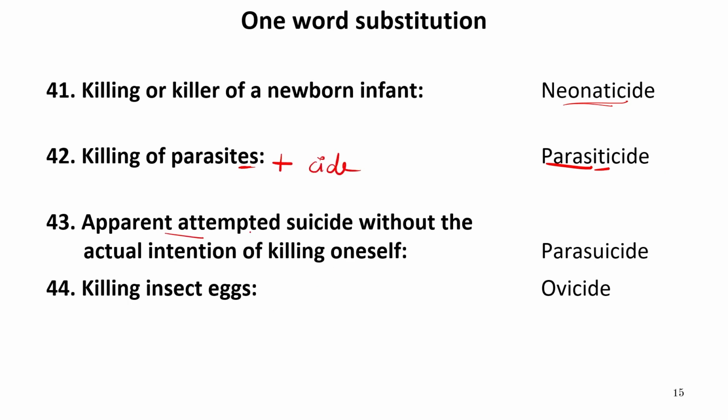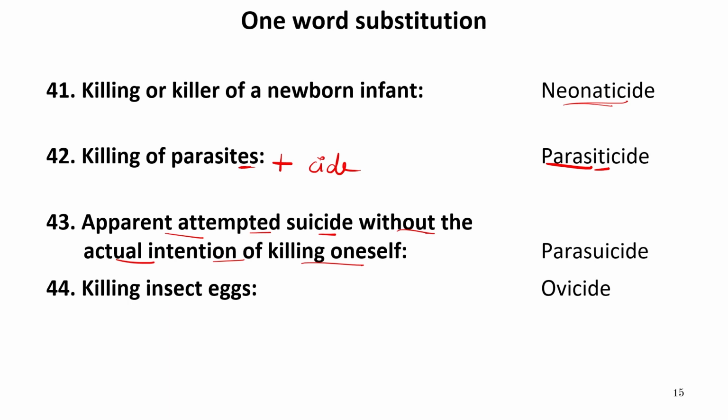A person attempted suicide without the actual intention of killing oneself. Now, if a person is just pretending to kill himself while he is not going to kill himself, that is just an act of pretending. It is not at all in his mind that he is going to kill himself.